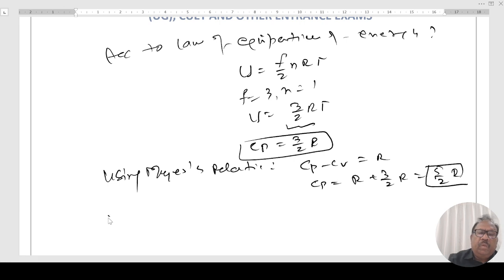Therefore, Q is to delta U is to W is to Cp, Cv is to R.